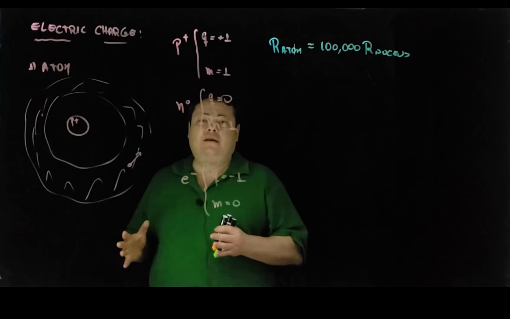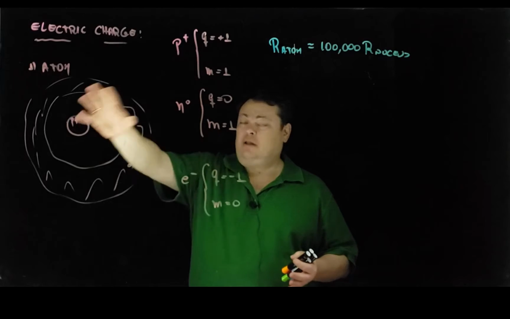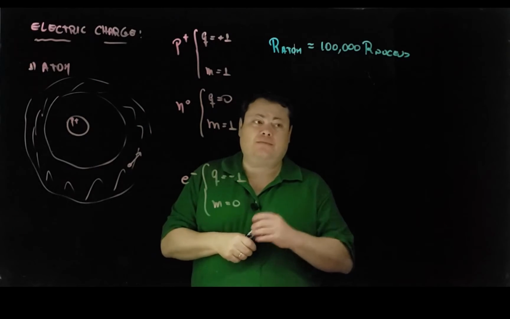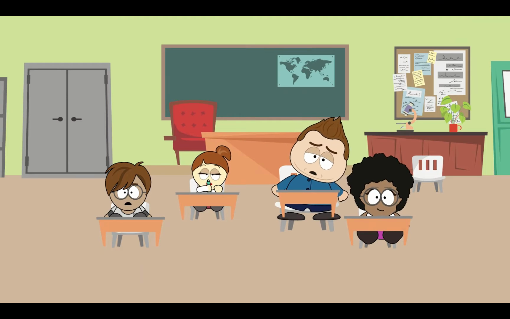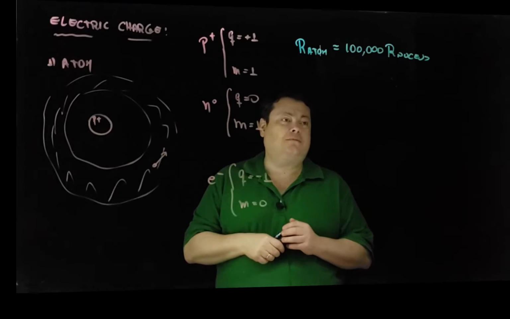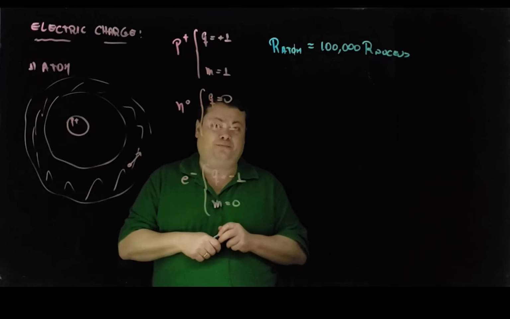So basically my atom is empty space. When you look at the atom, it's basically empty space. Yes? Wow, I've never thought about that. Oh yes, I agree, that is kind of impressive.